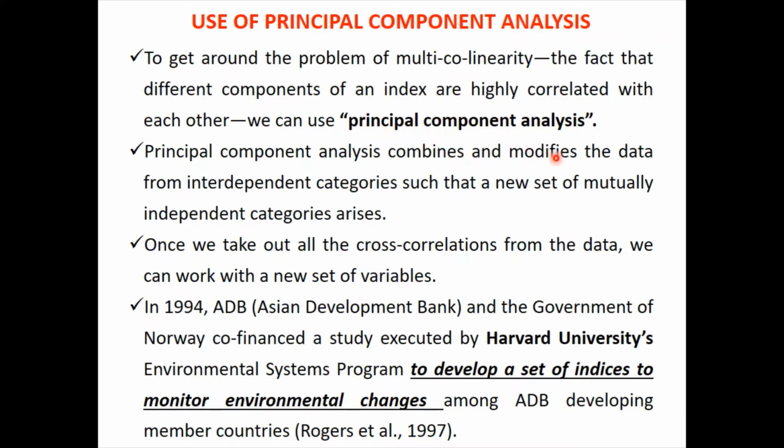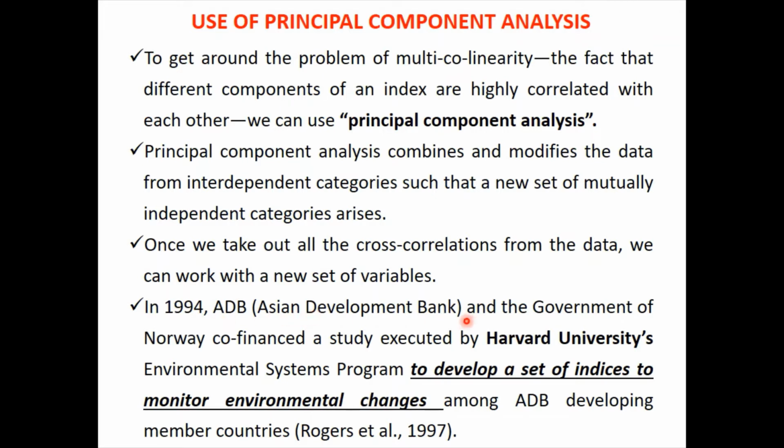This concept combines and modifies the data from interdependent categories so that a new set of mutually independent categories will be there. Once we take out all the cross correlations from the data, then we can work with the new set of variables.